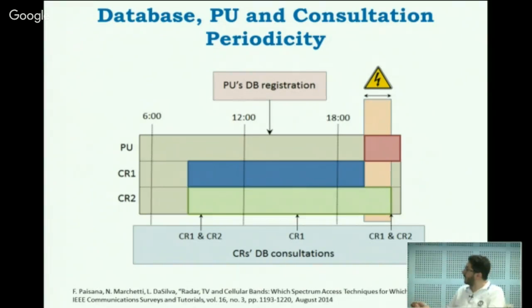So you see that even in this simple illustrative example, it's very important that you define the right period of accessing information in the database. What is the right time? Again, there is a trade-off between accuracy and complexity. If you do it too often, you get a very accurate picture of the primary user operation, but you're spending all your time and resources consulting the database.